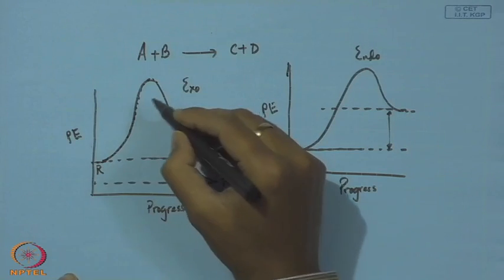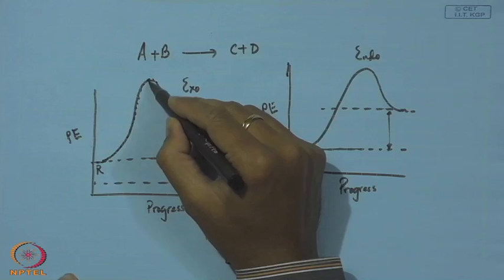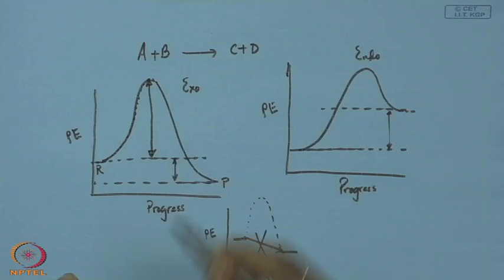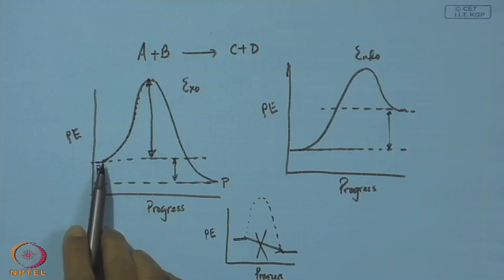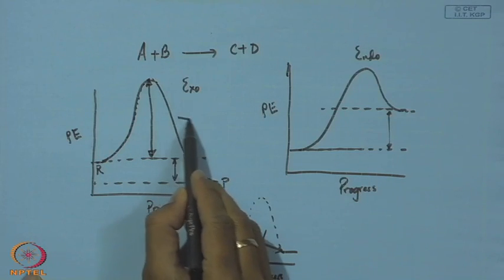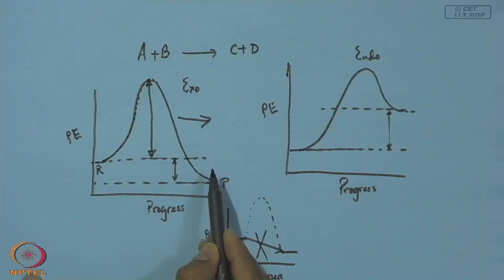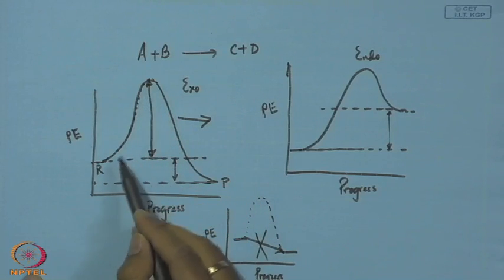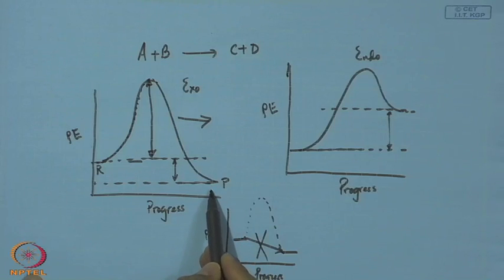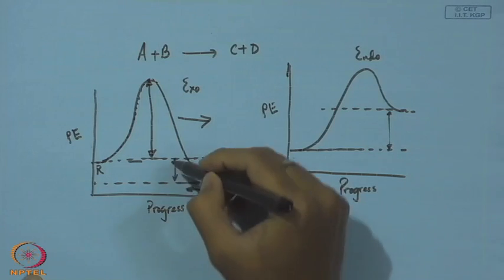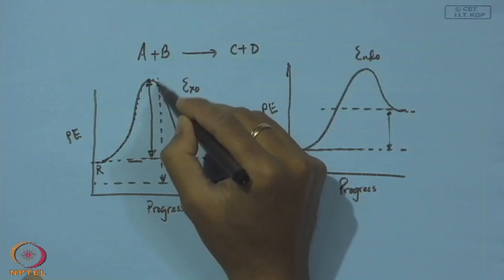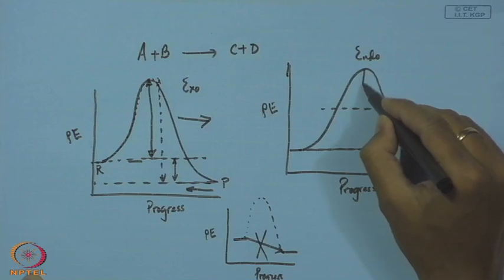Okay. And this barrier height is called the activation energy, and this activation energy should always be calculated from your reactant side. If the process happens in this direction, that is from left to right, then you should calculate it from this side, and if the process is in this direction, then the corresponding activation energy will be this, or maybe here also the activation energy is this.